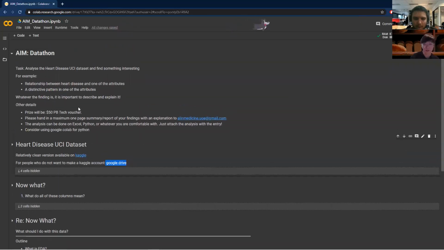You can also submit any data analysis that you've done with it. But what we really want is an explanation for what you found rather than just the analysis itself.